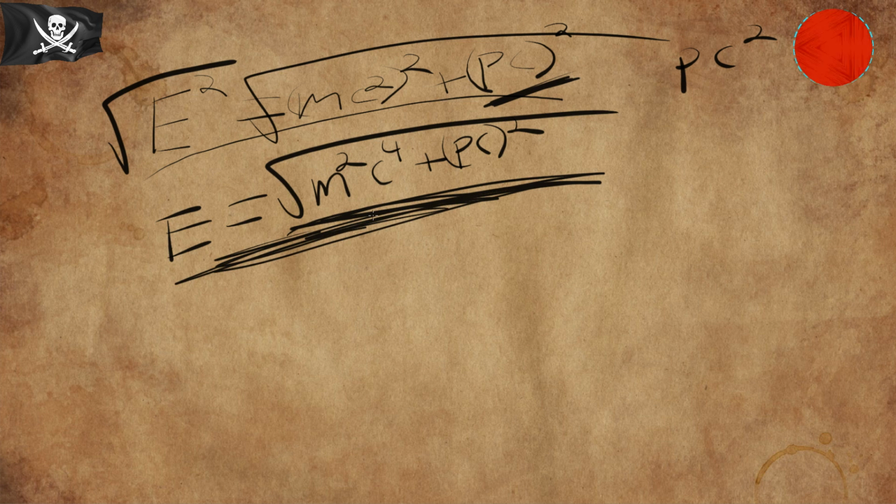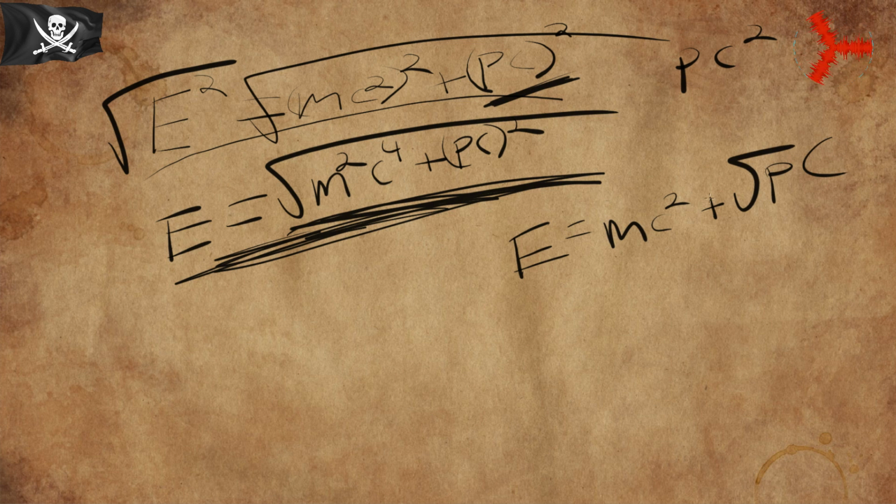But then I was like, oh, I want to practice simplifying radicals. So I got my really wrong answer. E equals, what did I do? I did c squared, I think, plus the square root of p times c, is what I did. This is wrong.